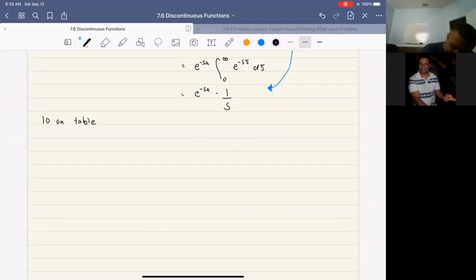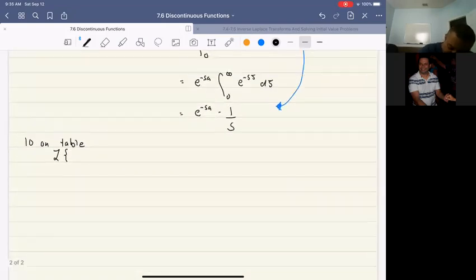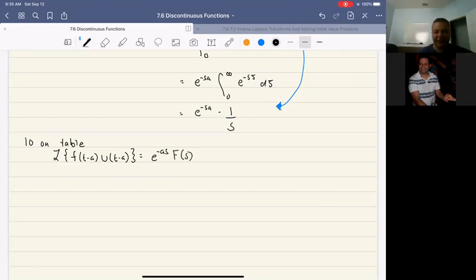Okay, and that says the Laplace transform of f of t minus a, u of t minus a equals e to the negative as, F of s. Okay, so let's go ahead and show that.